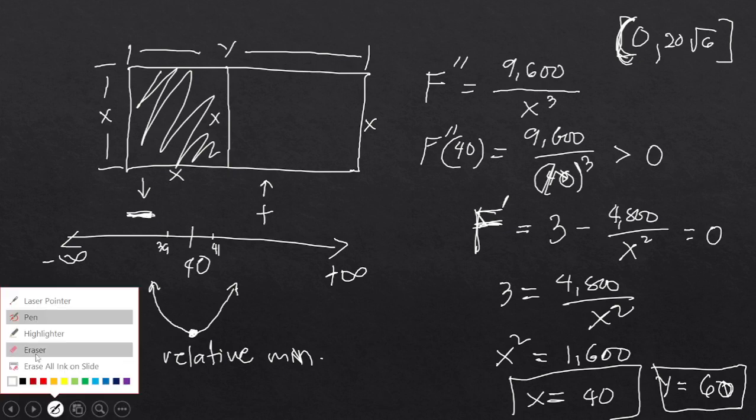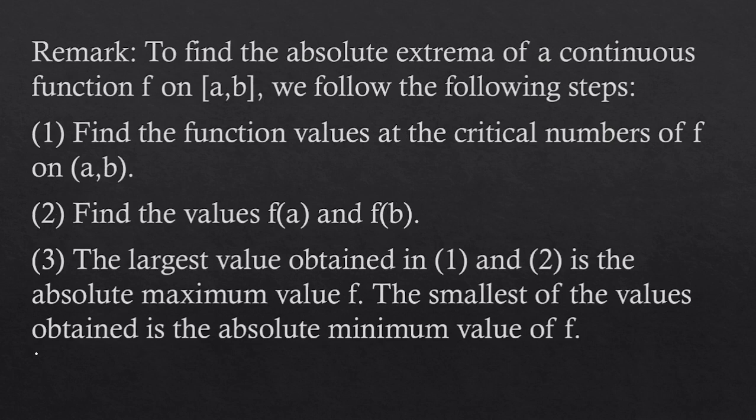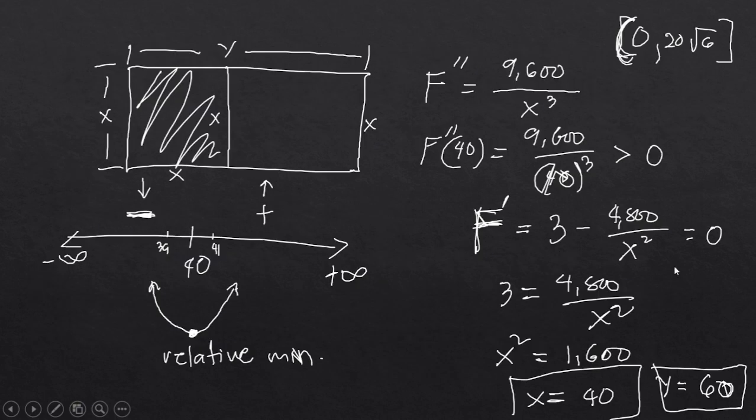And based on the theorem that we have, we will also test where the absolute max and absolute min are. As you can see, our interval is the half-closed interval from 0 to 20 square root of 6.